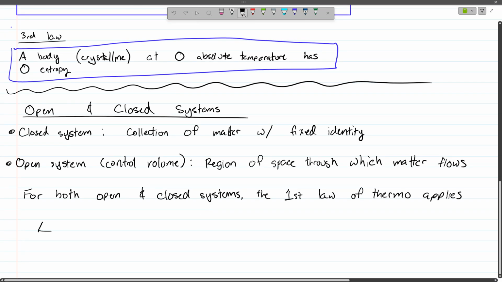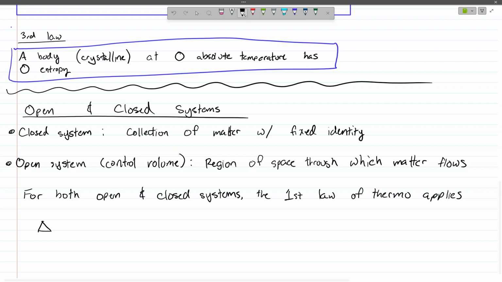Which we're going to state in this case as being the total change of energy that is stored in that system is equal to the net change of energy that is entering the system, total, minus the net energy that is leaving the system.